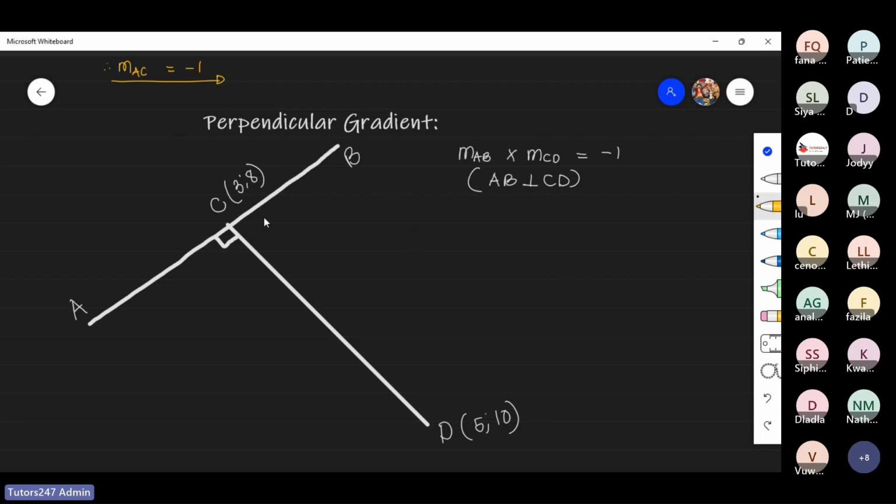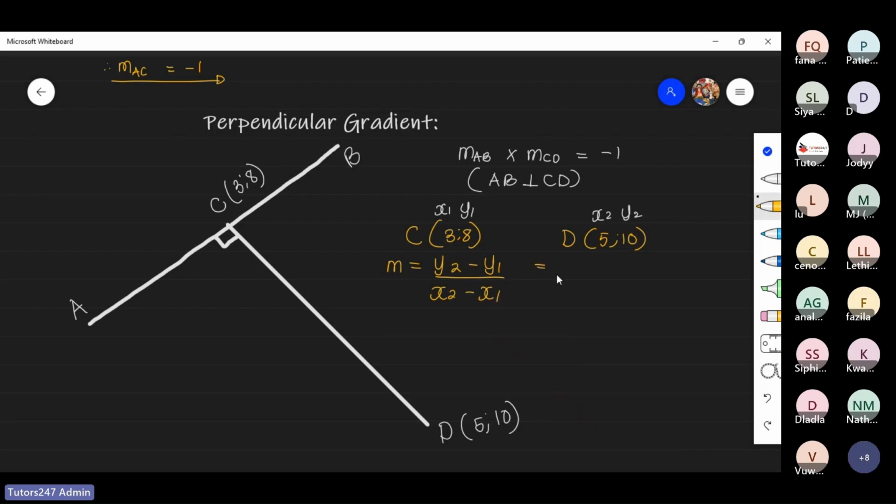So let's start by calculating the gradient of CD. Because we are calculating the gradient of CD, I'm going to use the point C of 3 and 8 and D of 5 and 10. My x1 value, y1 value, x2 and y2. From there, I can now substitute into my formula. My gradient formula being m equals y2 minus y1 over x2 minus x1.